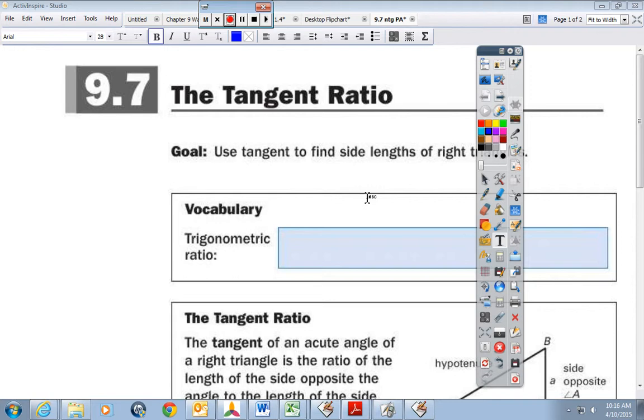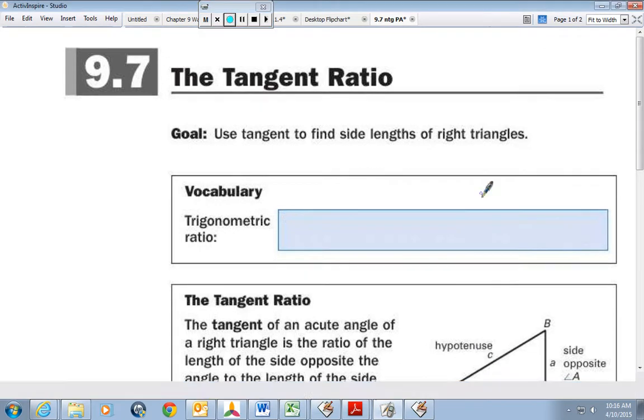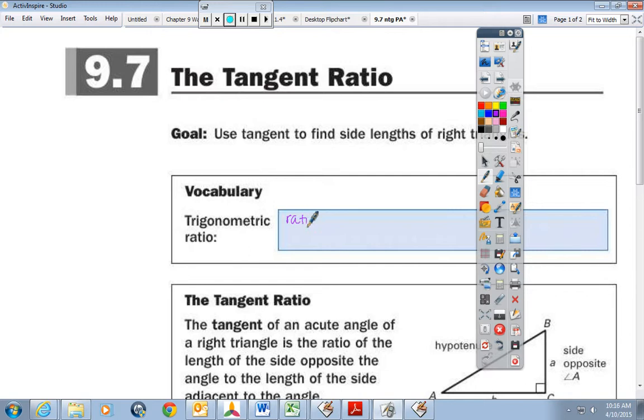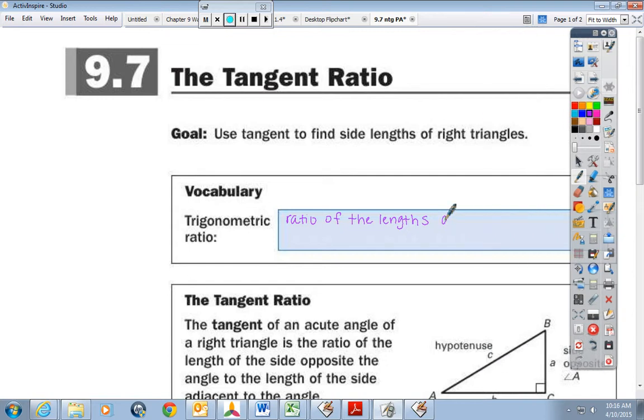A trigonometric ratio is a ratio, obviously, of two sides of a right triangle.